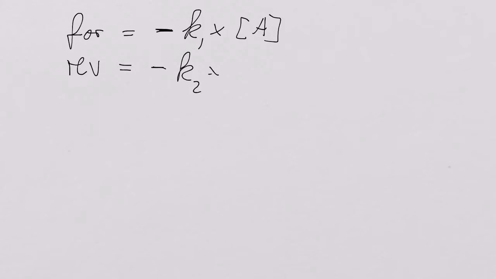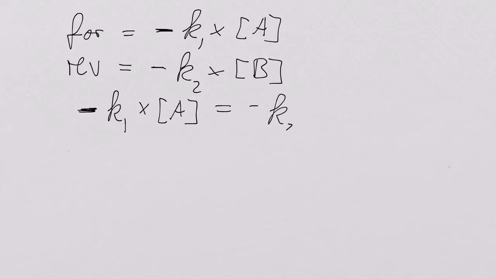For the forward reaction, we said minus K1 times A. For the reverse, we said that's minus K2 times B. And if they are both the same, forward and reverse reaction, we can say minus K1 times A is the same as minus K2 times B. That is when we have reached the equilibrium, when nothing changes anymore. Everything is chilled.